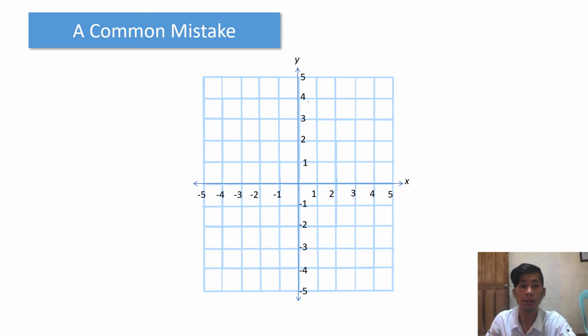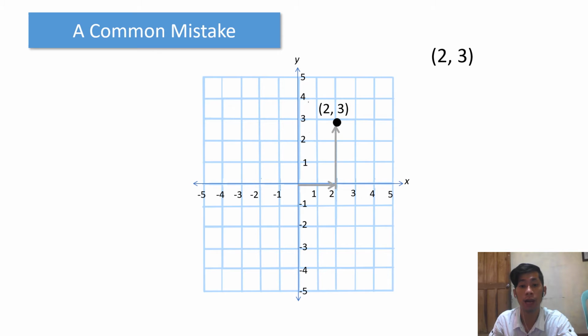This is the common mistake in plotting points. Let's plot (2, 3). This is the correct way to plot (2, 3).